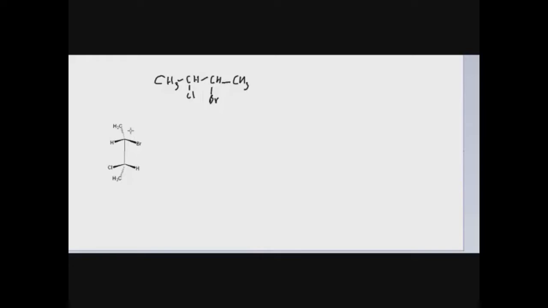We have our 3D wedge formula oriented vertically. The parent chain is oriented vertically. We're going to draw what corresponds to that, simply a vertical line.